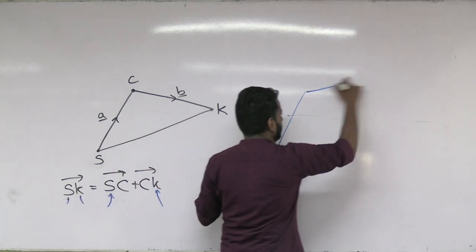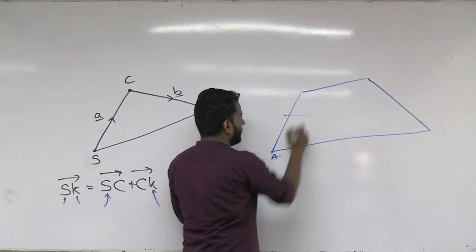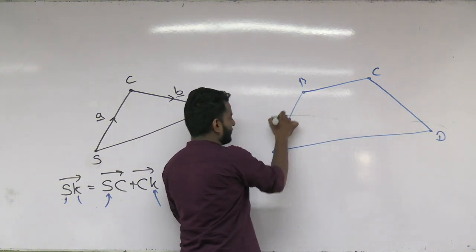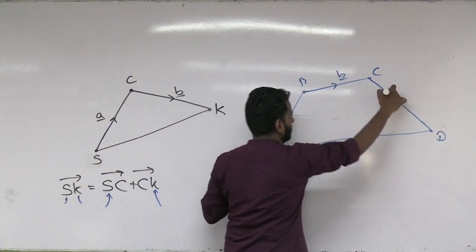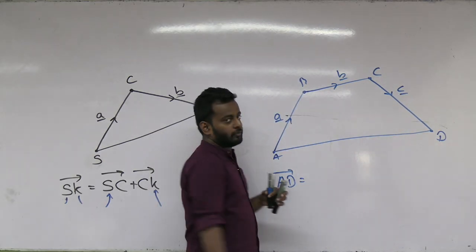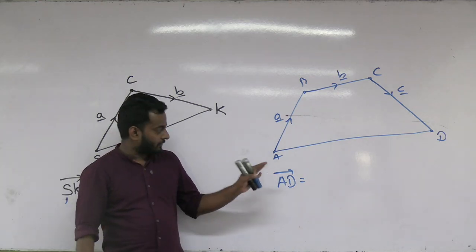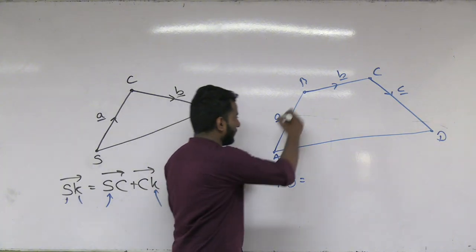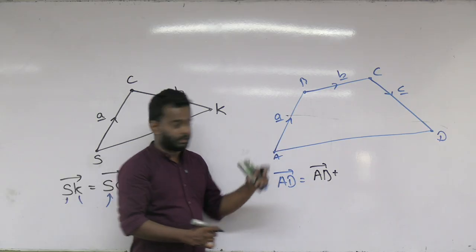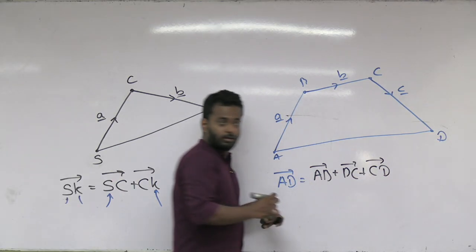We have places A, B, C and D, and we have vectors here, say three buses like this. Now I need to go from A to D. How do we move from A to D? We start from A and move to B, from A to B, then from B to C, and then from C to D. Are you all okay with that?